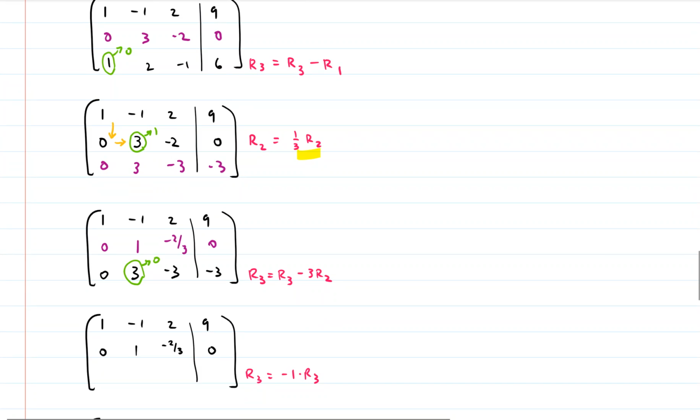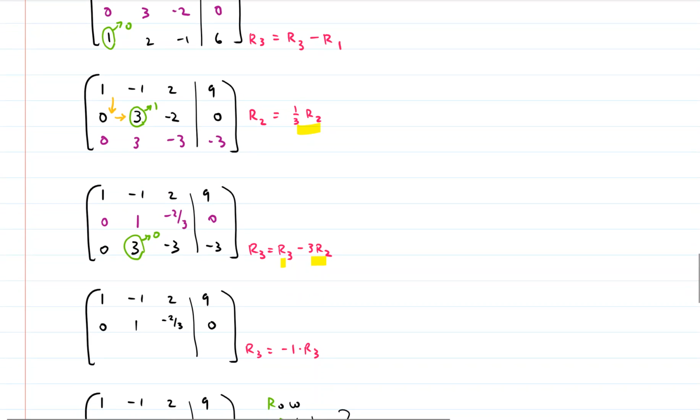So row 3, which is the current row we're in, is going to be row 3 minus 3 times row 2. We'll multiply negative 3 by row 2 and add it to row 3. So negative 3 times 0 is 0. We add it to 0 and we get 0. So that's nice, it stayed.